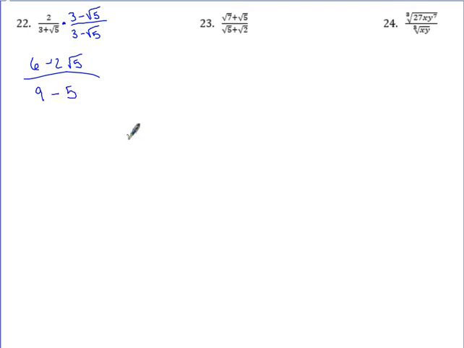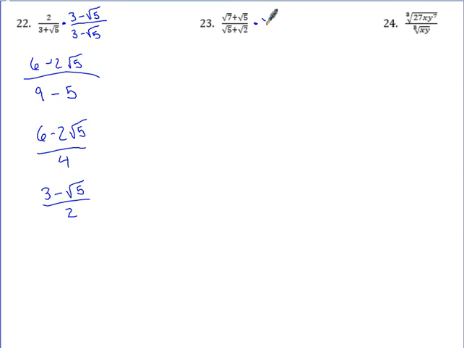Okay, now simplify anything that I can. On the top, there's nothing I can do, so that's going to stay. And on the bottom, 9 minus 5 is 4. So now looking at everything outside of the radical, 6, 2, and 4, those are all divisible by 2. So I can simplify a little bit further. That gives me 3 minus the square root of 5 over 2.